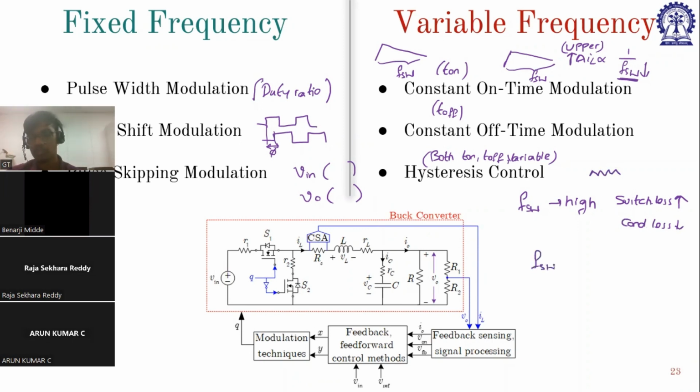Now if you reduce the switching frequency for the same L and C that you have designed, the ripple will increase, and since the switching frequency is less, switching losses will reduce and conduction loss will increase. So this trade-off is there.